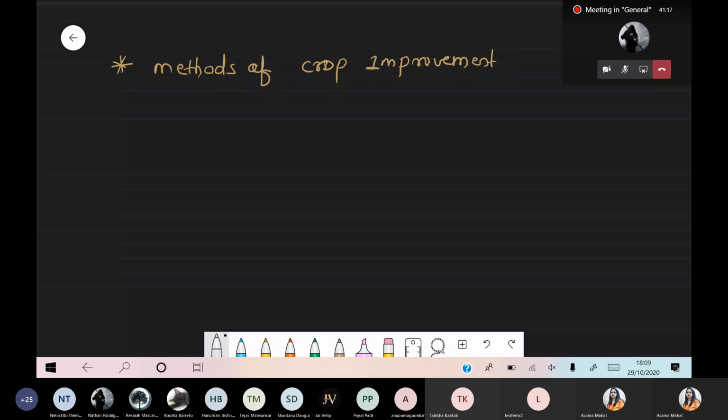In our syllabus, a total of 4 methods are given. First one is hybridization. We just discussed, by taking so many examples, parent A crossed with parent B to produce a superior quality plant. That's it, hybridization.